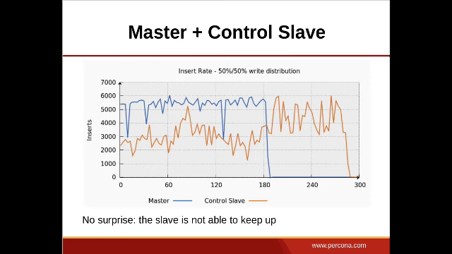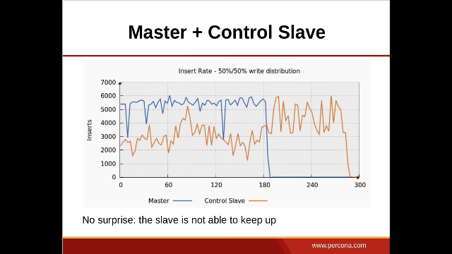The first graph shows how many writes we can execute. The blue line is the master. We can see that the test ran for about 3 minutes, 180 seconds, and of course the control slave, the slave with no parallel replication, the orange line, is not able to keep up.